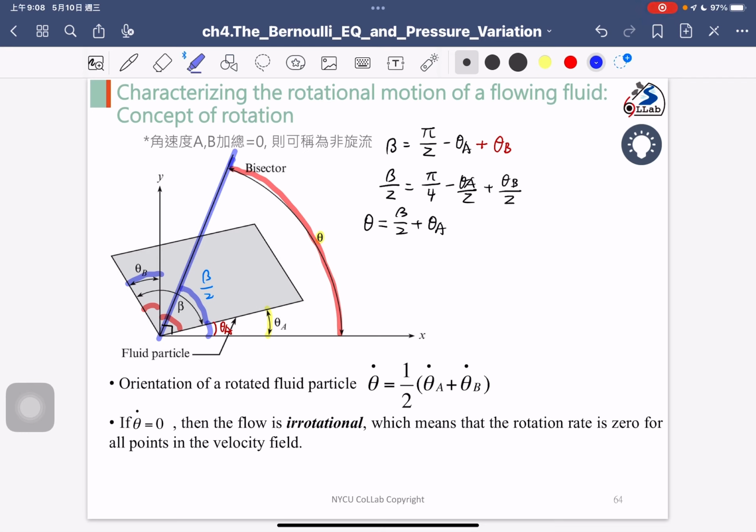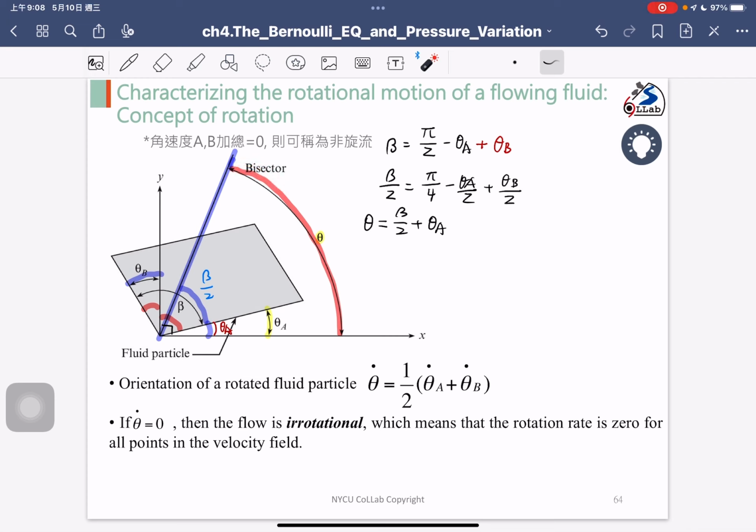So the first idea is that we calculate the bisector angle, beta over 2. If we add theta A to the bisector angle, it will equal the total theta angle.